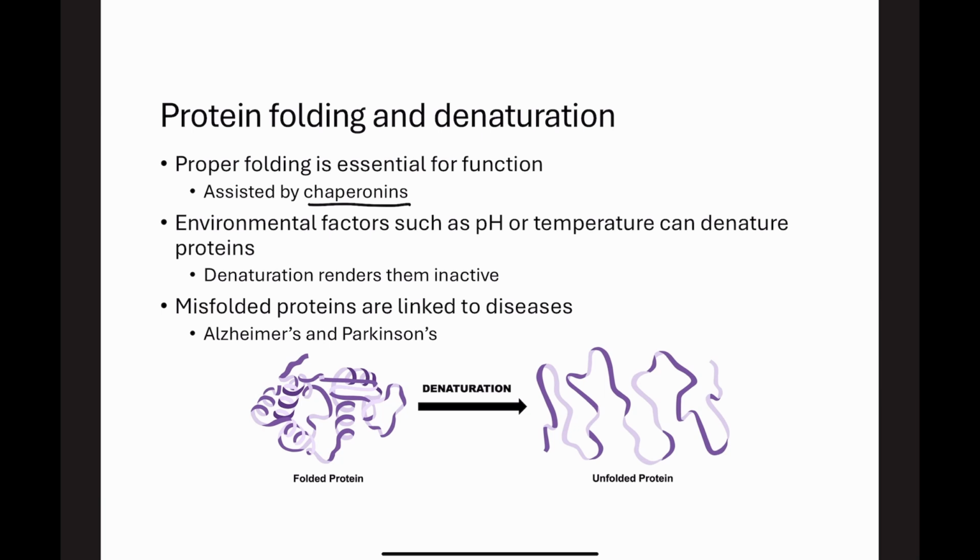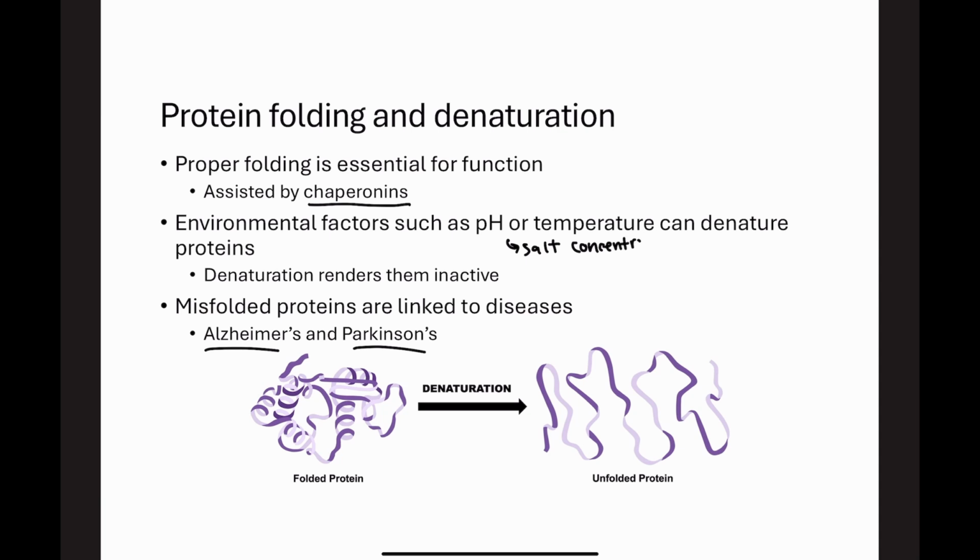And when we have improper folding, that's actually going to lead to diseases such as Alzheimer's and Parkinson's. It can even lead to mad cow disease. Environmental factors such as pH, temperature, and even salt concentration can all affect a protein. It can disrupt its structure, denature it, and it's going to lose its function.